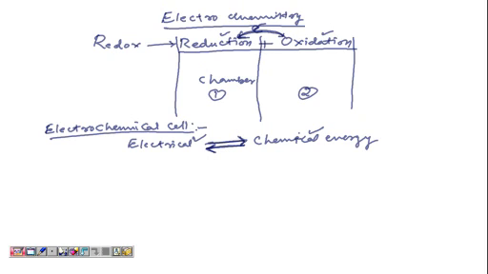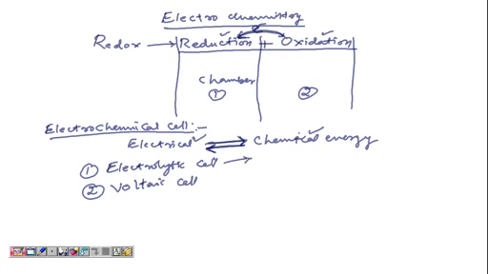Electrochemical cells will be of two types. The first one is the electrolytic cell, and the second one is the voltaic cell. In the electrolytic cell, we pass electricity and conduct a chemical change, so chemically it will be affected.